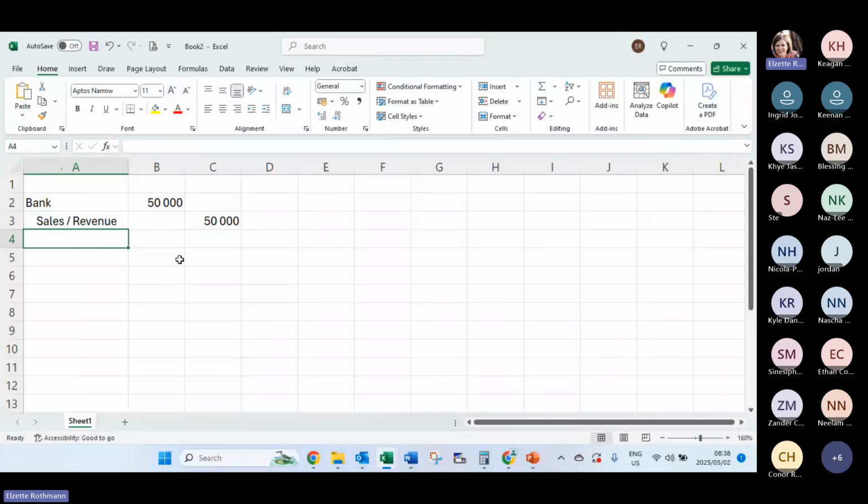That was the journal that we did in first and second year. I'm not thinking of cost of sales and inventory and all of that. We're just focusing on the revenue part.